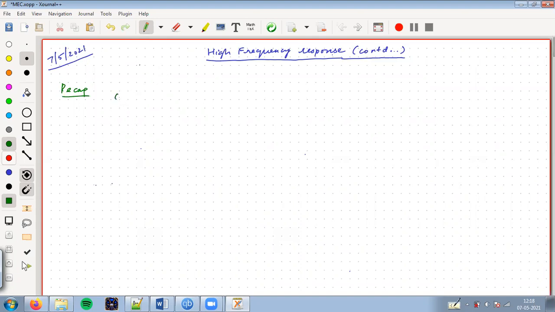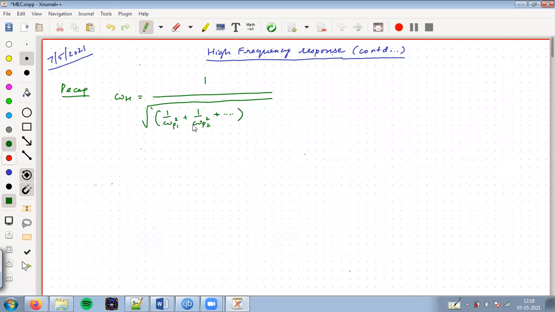We derived omega h as 1 divided by square root of 1 by omega p1 square plus 1 by omega p2 square plus so on, minus 2 into 1 by omega z1 square plus 1 by omega z2 square plus so on. So this was the general omega h.